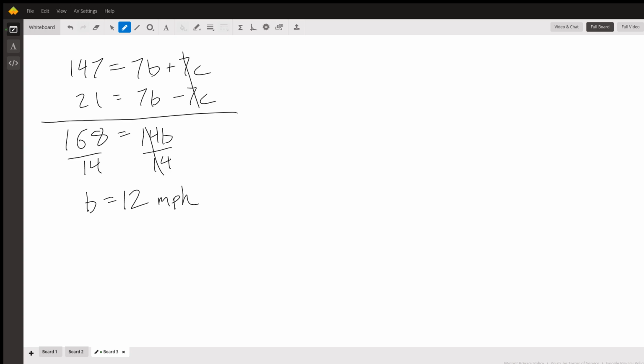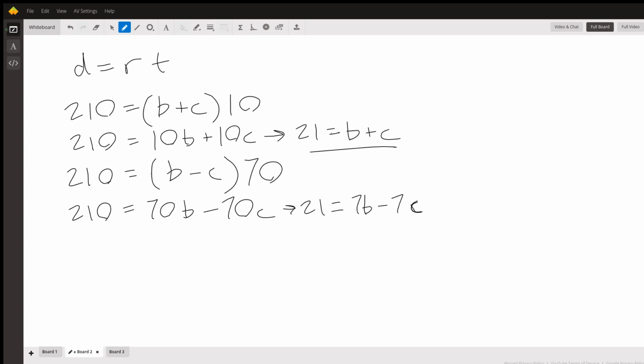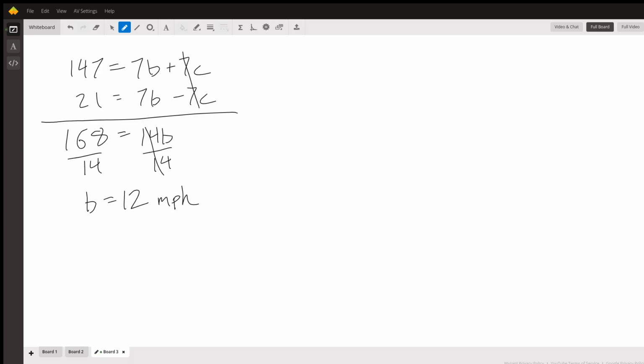Okay, so let's find C, which maybe for that, let's use 21 equals B plus C. And now we know the value of B. So we can plug in 12.